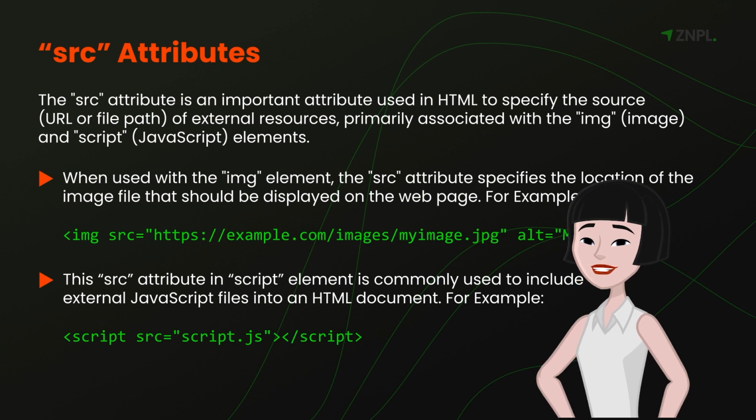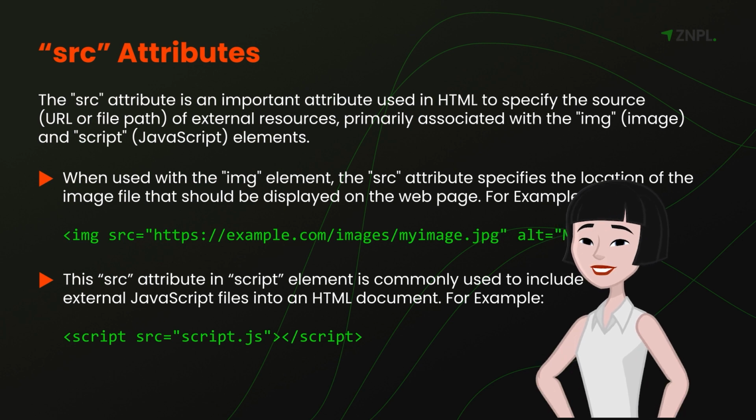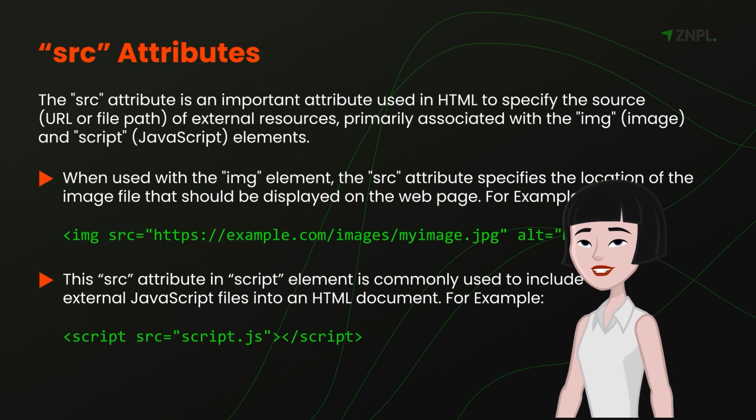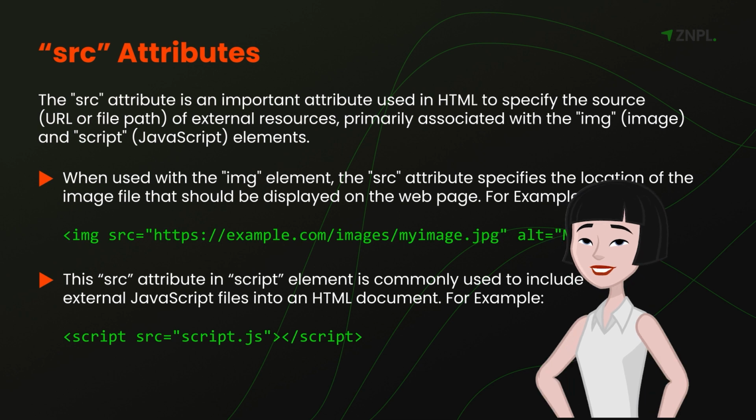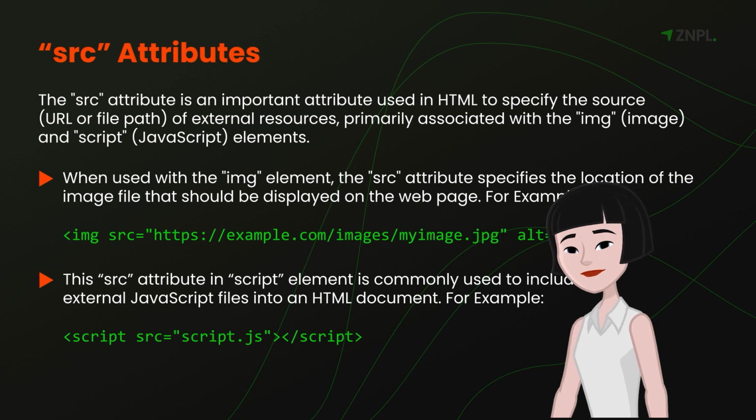When used with the script element, the src attribute specifies the source file, usually a JavaScript file, that should be loaded and executed by the browser. This attribute is commonly used to include external JavaScript files into an HTML document.